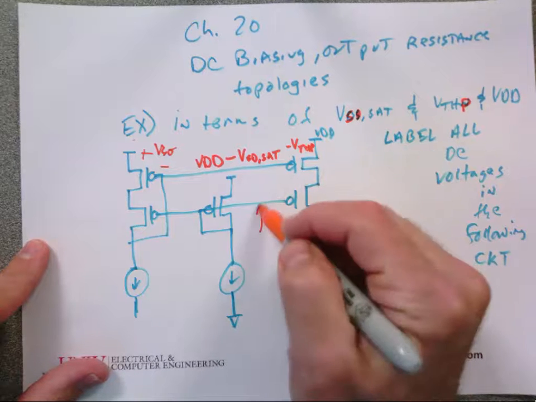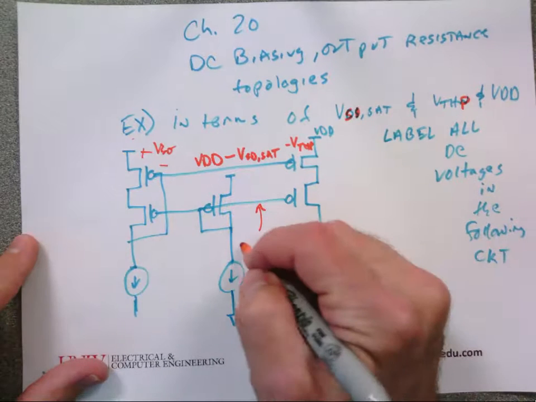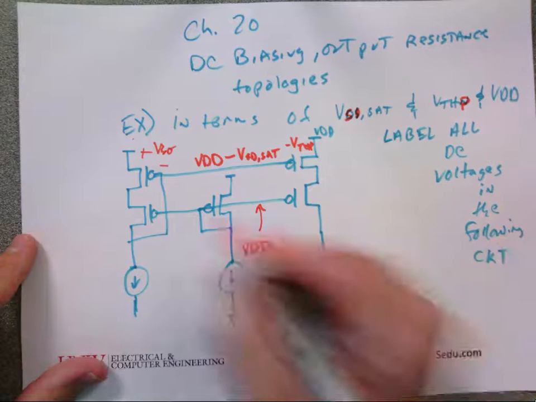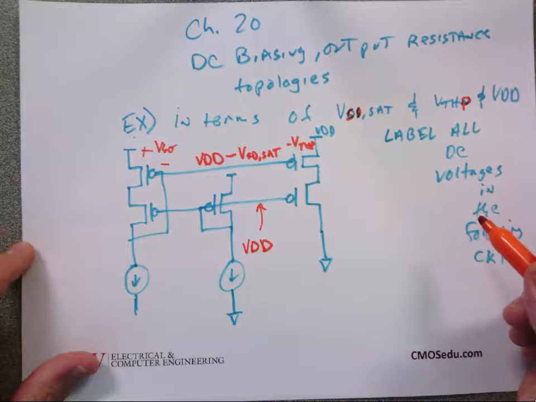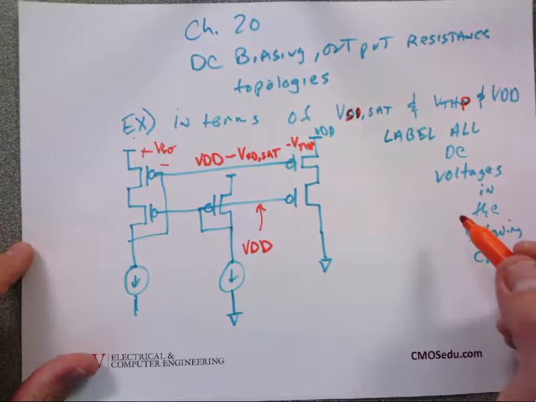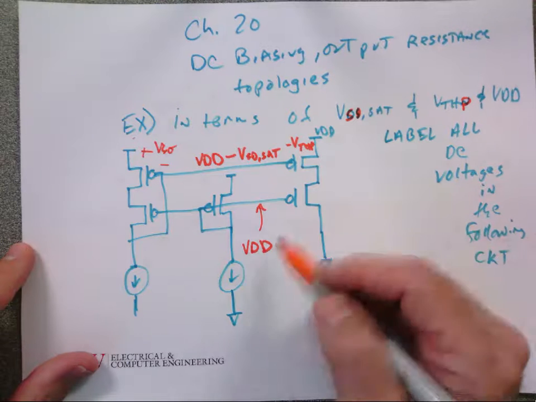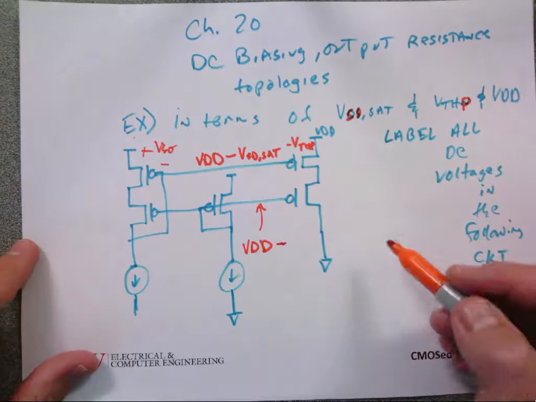What is this voltage here? I'll start you out. It's a wide swing current mirror. I hope everybody recognizes that, right? I don't need to tell you that's a wide swing current mirror, right? So what is this voltage and why?